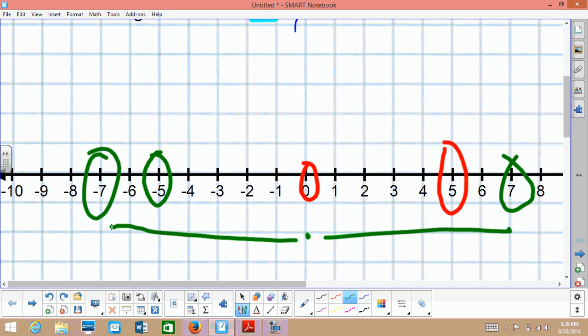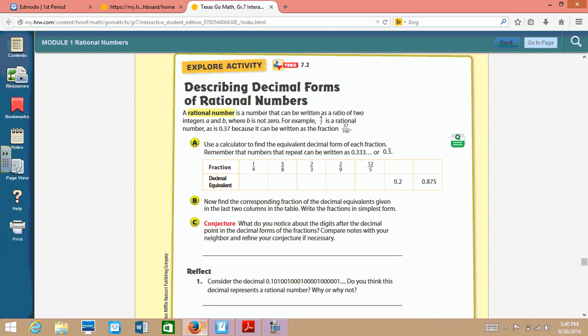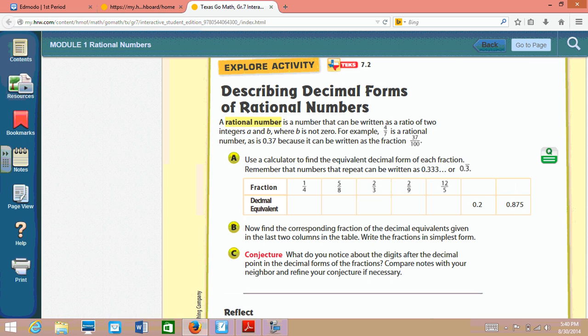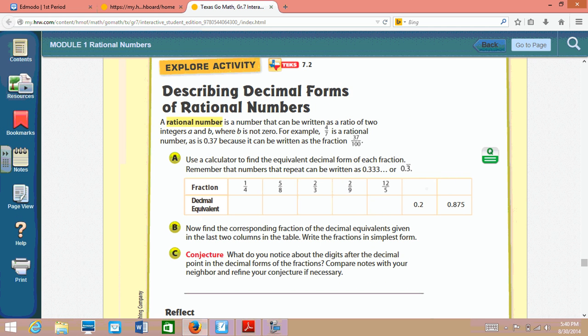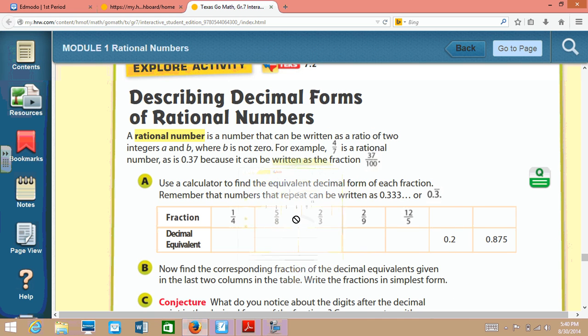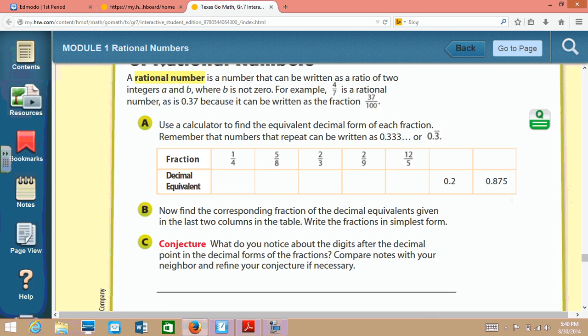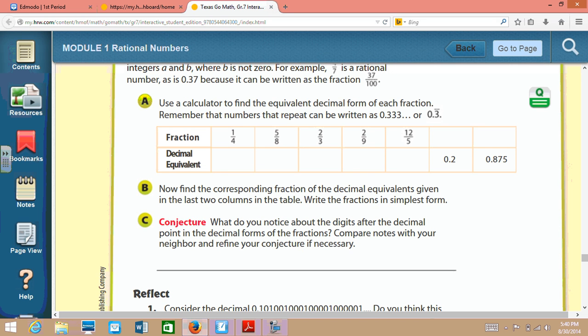Okay, moving on. So we're going to go to your book, to your resources. Eventually you will get this. There it is. Okay, it's making it bigger for you, so you can see it. So this is what you're supposed to figure out. How do you turn 1/4 into a decimal?